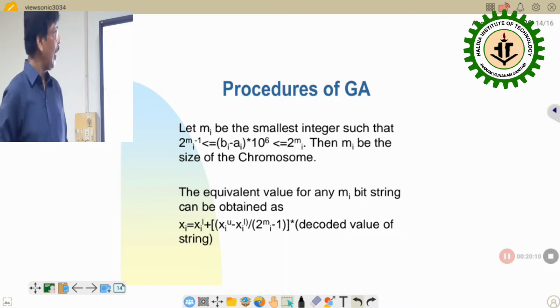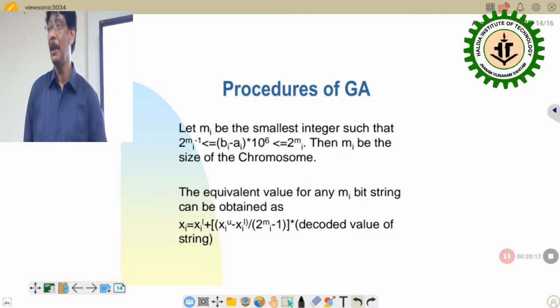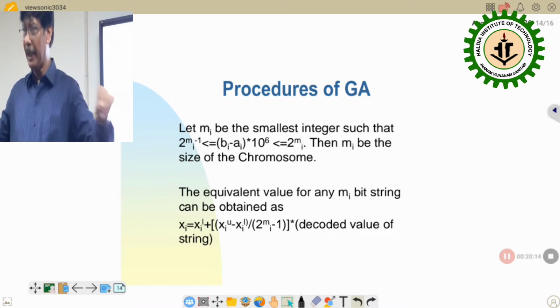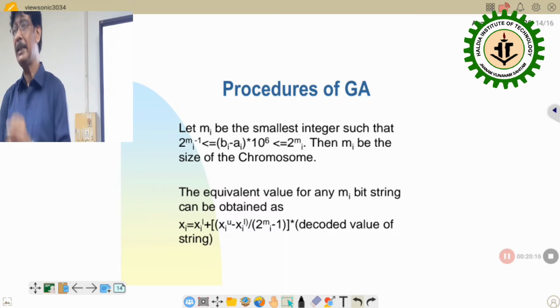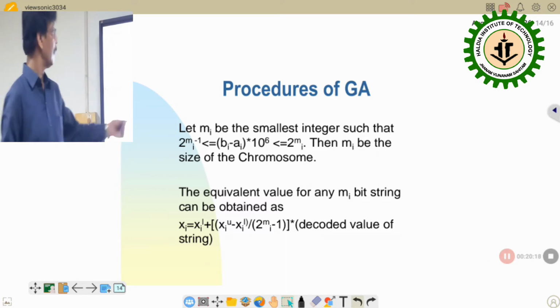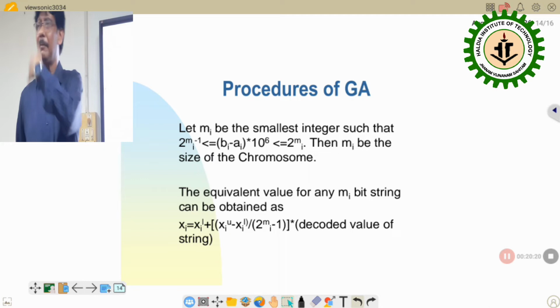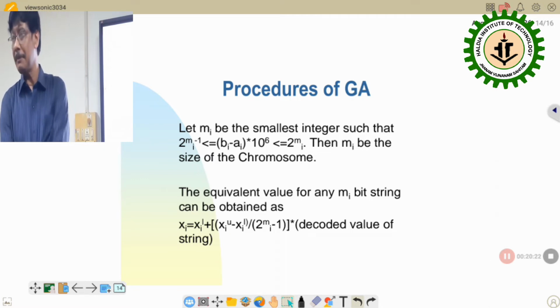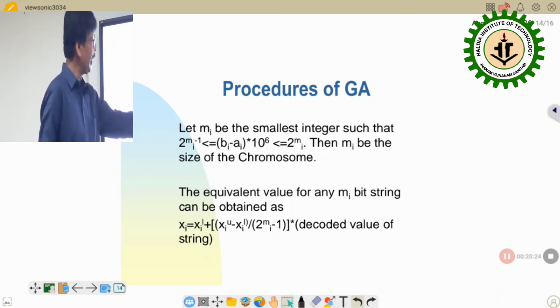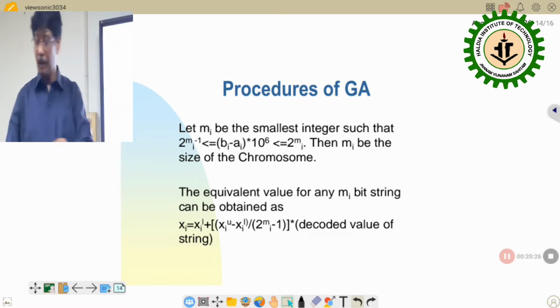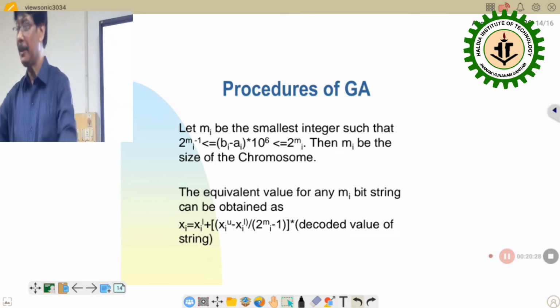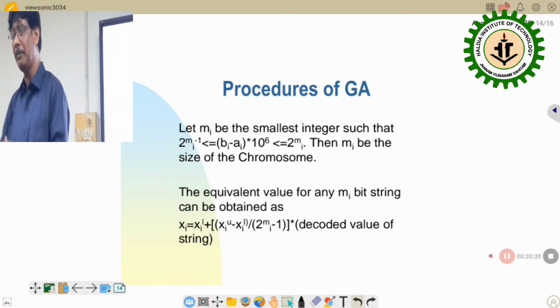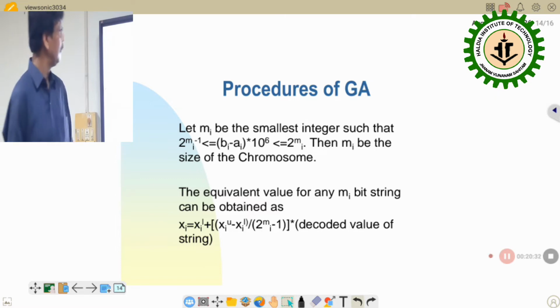And this is the way to determine the size of the chromosome. Chromosome means, in binary conversion, for each and every solution. Suppose I have a precision level up to 6 decimal places. So (bi minus ai) into 10 to the power 6 is the number of equal size discrete subdomains.